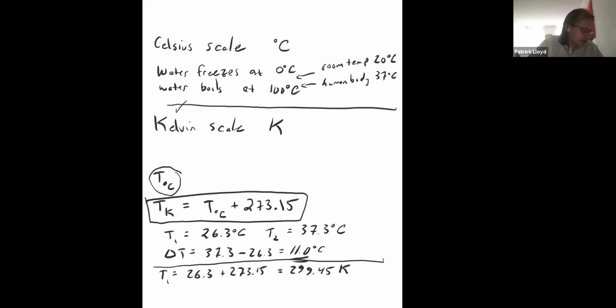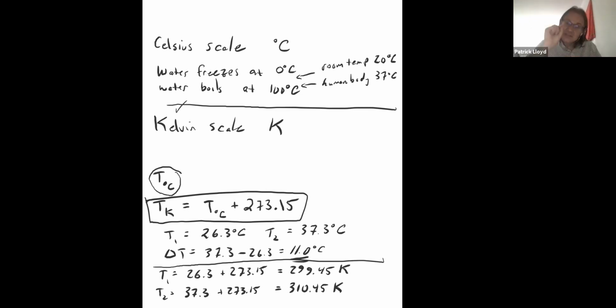Just adding 273.15. What about T2? Well, that would be 37.3 plus 273.15. So you're just going to add the same amount to it, so it's going to be 310.45 Kelvin. Okay? Hopefully that makes sense.